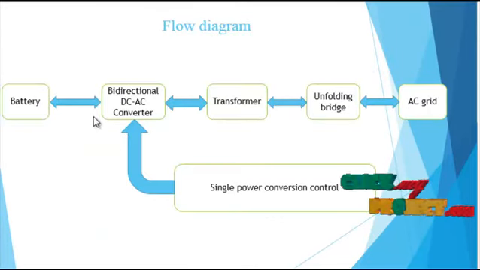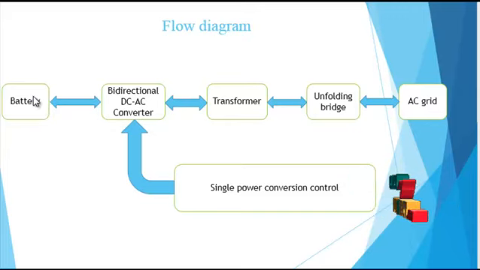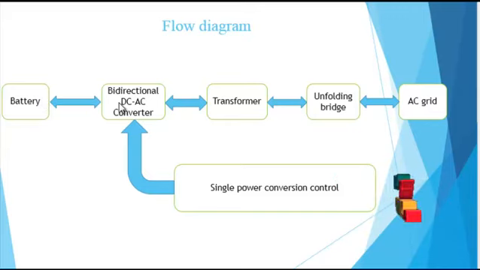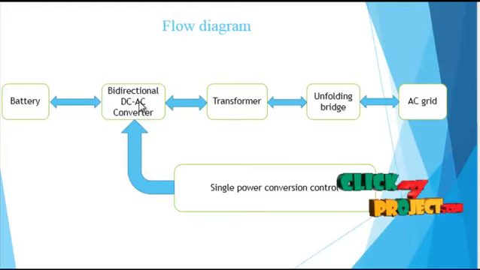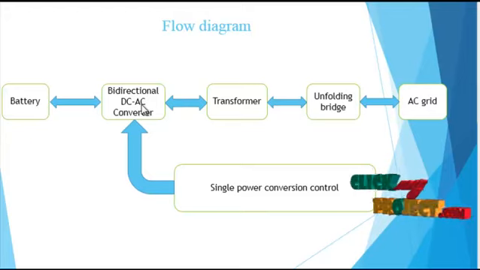Now the flow diagram of our project. The battery is a storage device and discharges the energy. The battery output is fully DC. Next, you can see the bidirectional DC to AC converter. It is a grid interface applied in energy control centers in order to interface DC variables such as batteries and energy storage systems with the conventional utility grid.